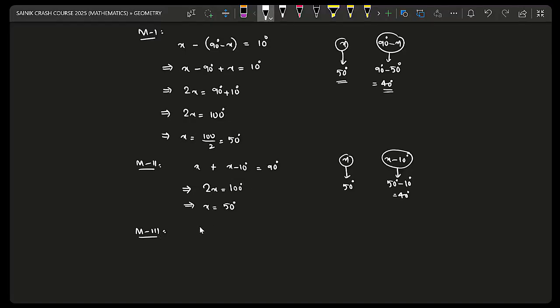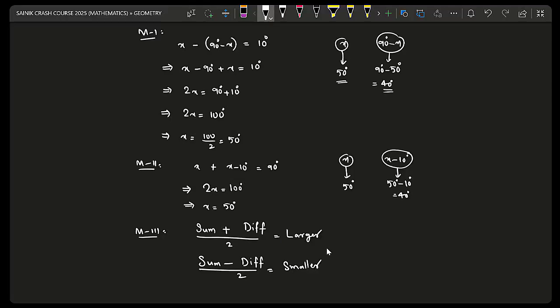It is very useful. Sum plus difference by 2 gives you the larger number, and sum minus difference by 2 gives you the smaller quantity.